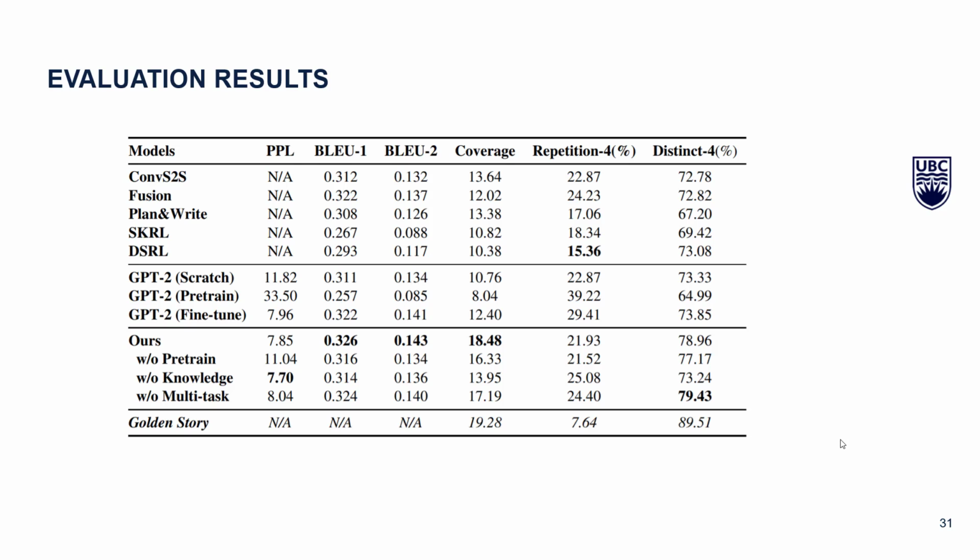Let's now take a look at the metric evaluations. In this table, all of the bolded numbers indicate the best results. As you can see, the knowledge-enhanced GPT-2 model outperformed all of the GPT-2 baseline models in terms of perplexity, and it had better BLEU scores than all of the baseline models, which indicates a higher fluency and more overlap with the original stories.